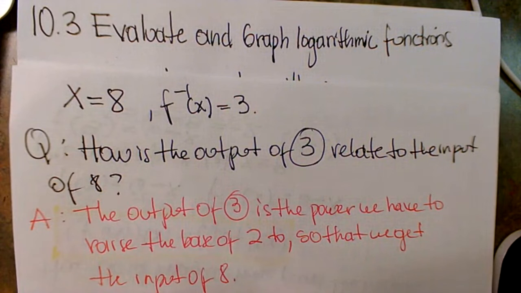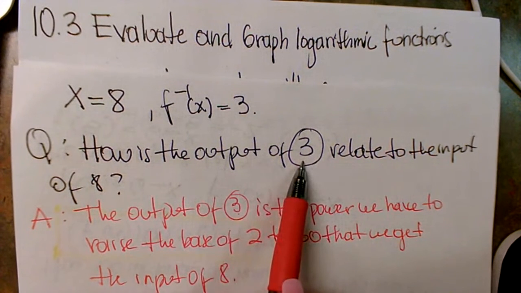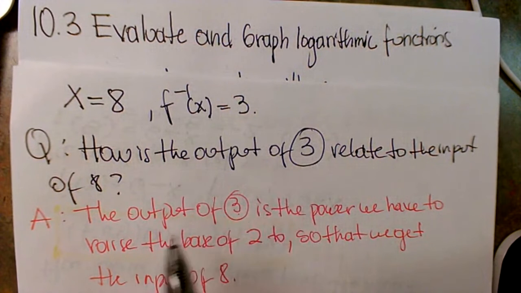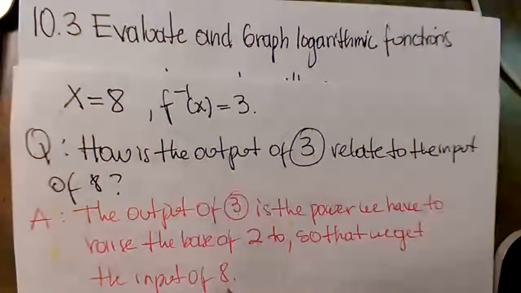So 3 is the power that we have to raise the base of 2 to. 2 times 2, 4. 4 times 2, 8. To get the 8.